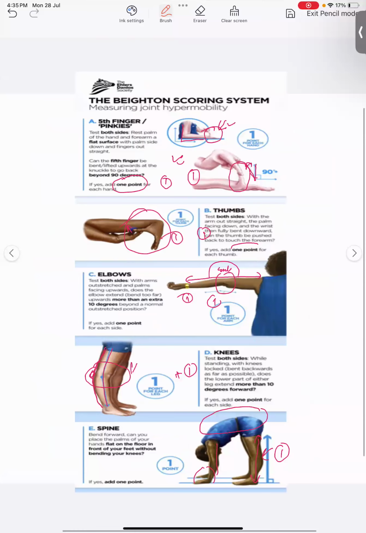Now see here, 2, 2, 2, 2. The total scoring is 1, 2, 3, 4, 5, 6, 7, 8, and 1 score for this one, that is 9. If the score is 4 or more, it means the Beighton score is positive and this patient is hypermobile.